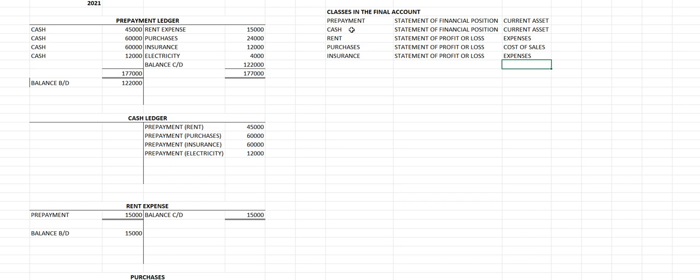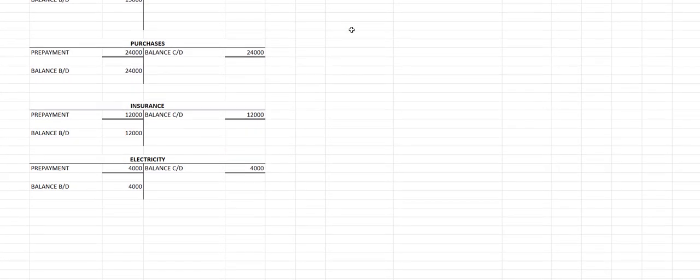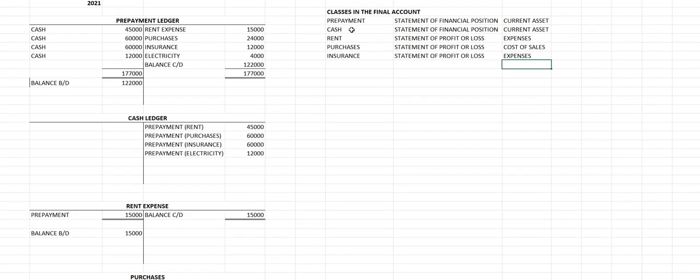Then the last one is electricity. Electricity is also under the profit or loss account. It's under expenses. All right.